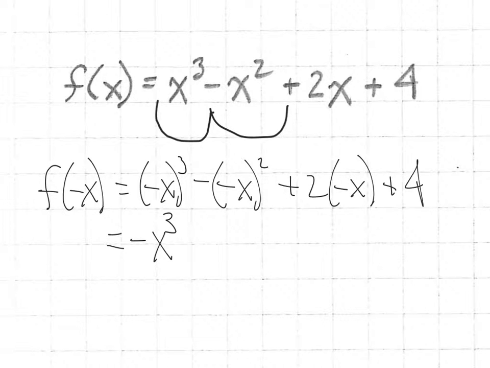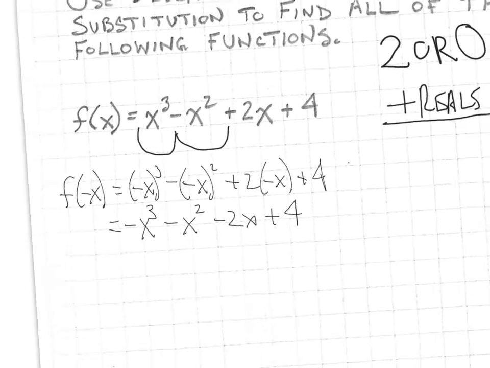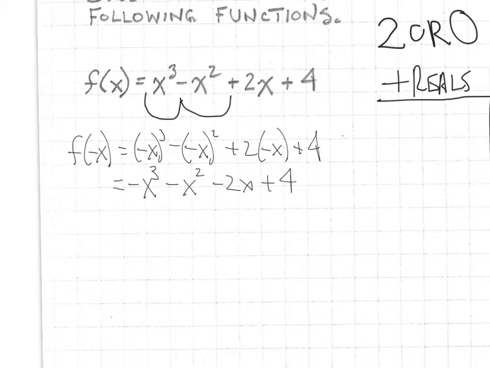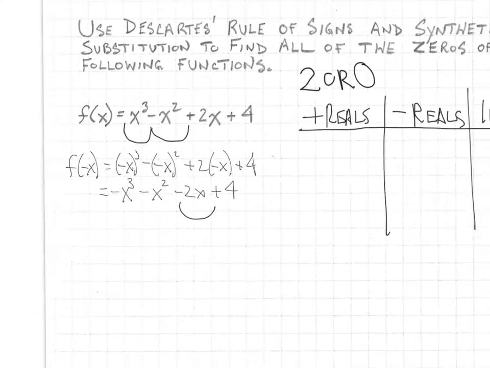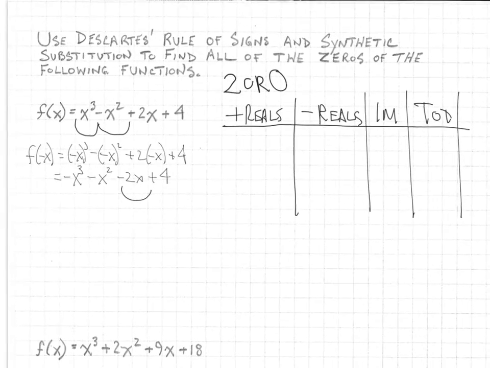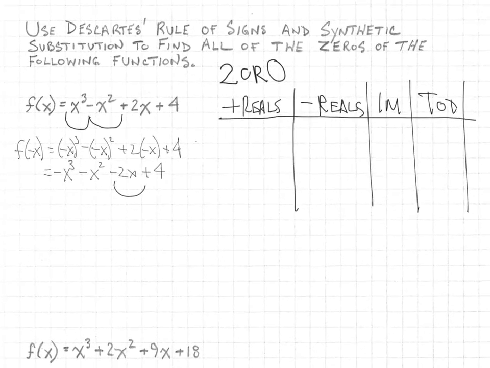The negative x squared, the negative goes away, but then there is another negative there. Be careful with your signs. Minus 2x plus 4. Okay, now let's count sign changes. There is only one right here. All right, so that means there's only one negative real.